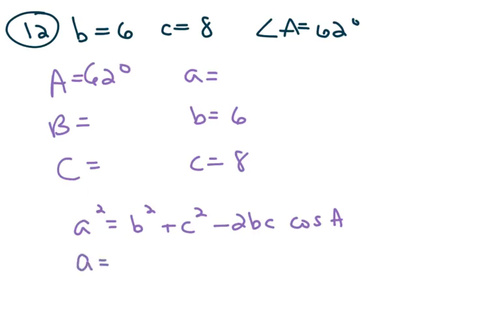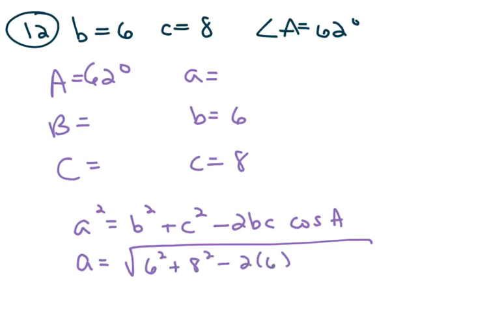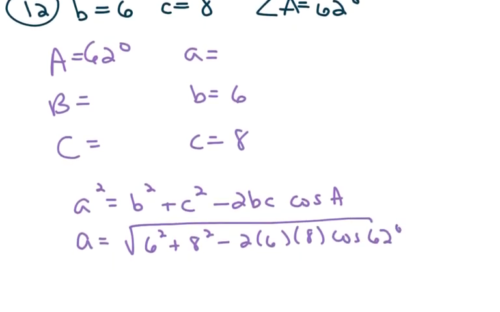So we're going to do the square root of 6 squared plus 8 squared minus 2 times 6 times 8 times the cosine of 62. And as long as you remember your calculator needs to be in degree mode, you should find out that side A is approximately 7.41.